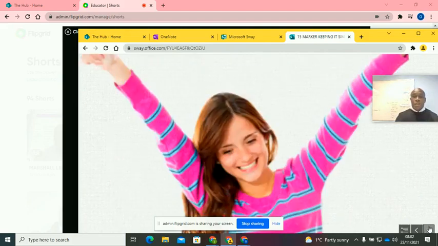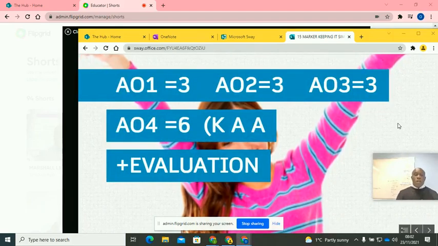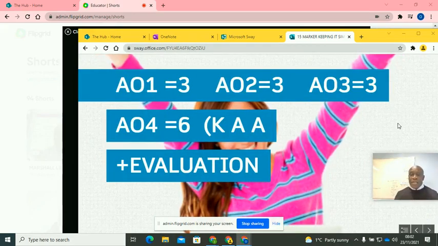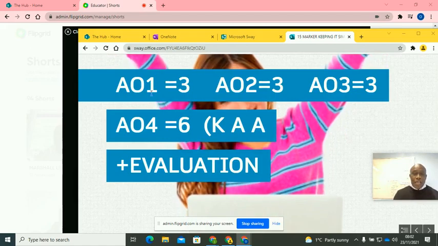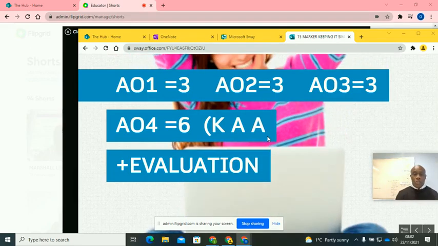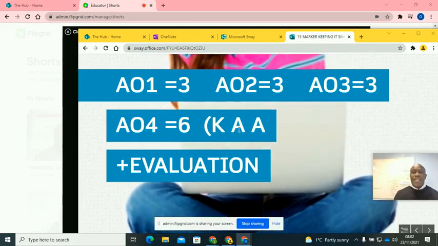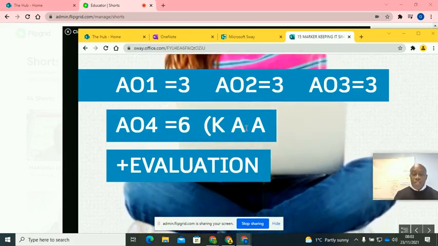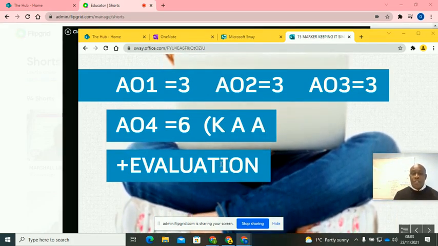Now, the structure of a 15 marker. There are four parts of an essay. You have the AO1, AO2, AO3, and evaluation. Some examiners or teachers prefer to use KAA, which means knowledge, application and analysis, plus evaluation.